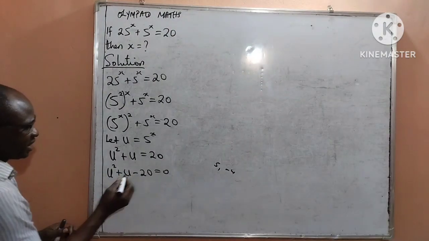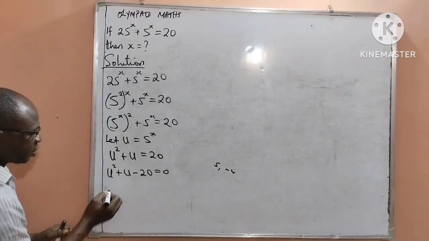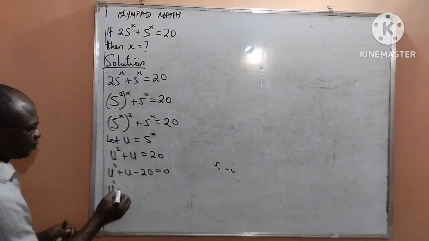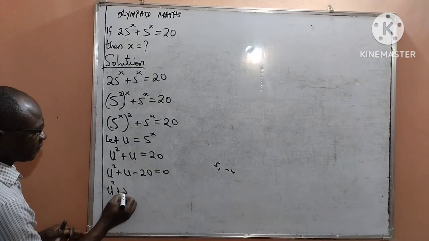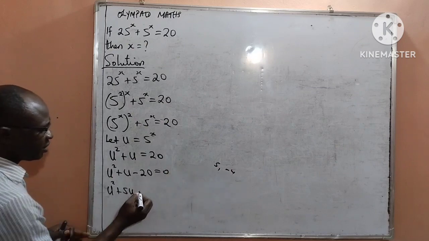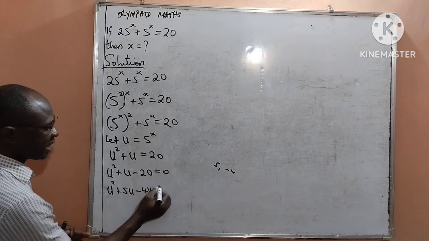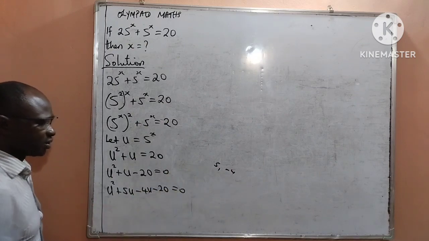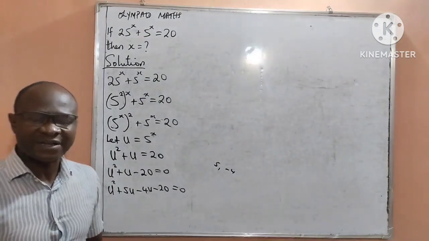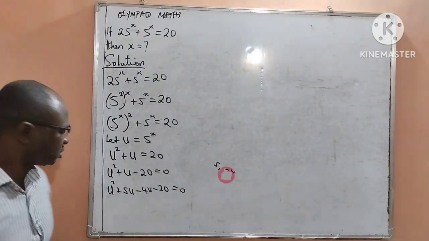Therefore, I will use them to replace the middle term. That becomes u squared plus 5u minus 4u minus 20 equal to 0. This is the process of factorizing a quadratic equation.